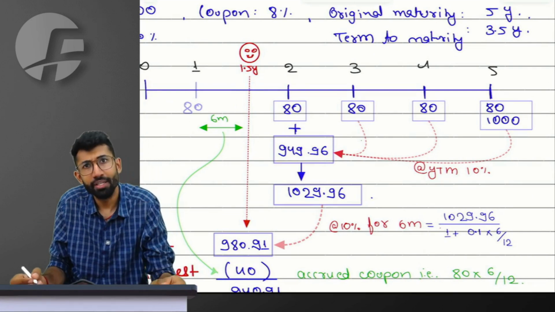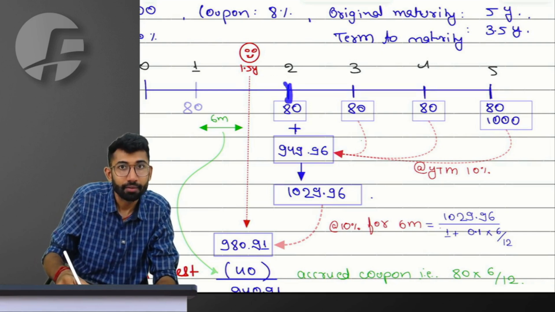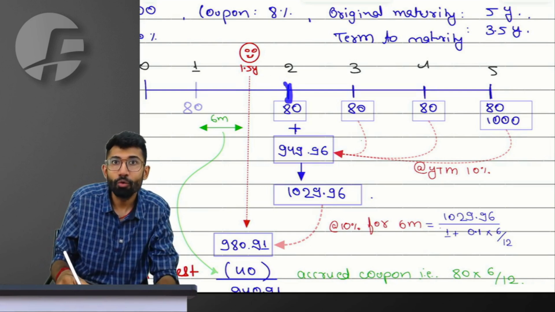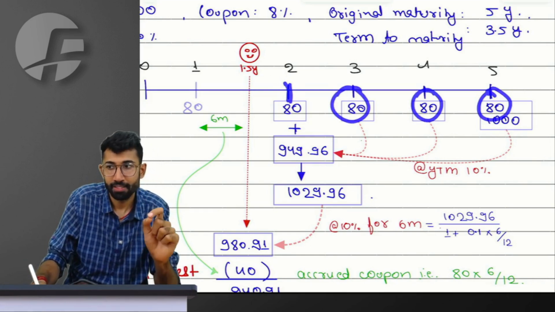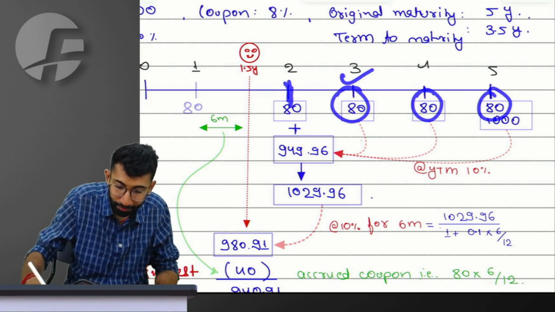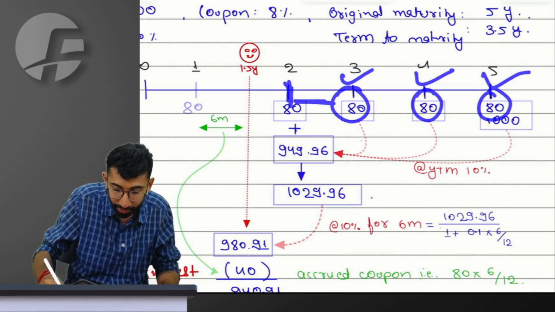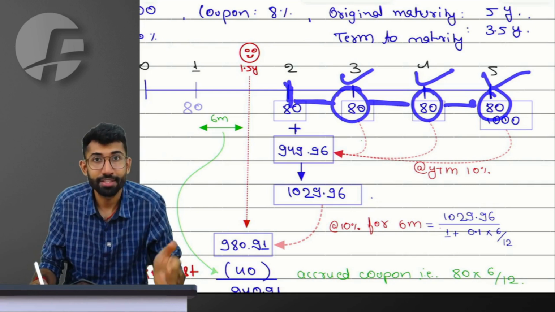The very next coupon date is at the end of second year. At the end of second year, when I stand, are my future cash flows forming an annuity? Yes. Year one, year one, year one. Same gap, same time interval, and the same amount.